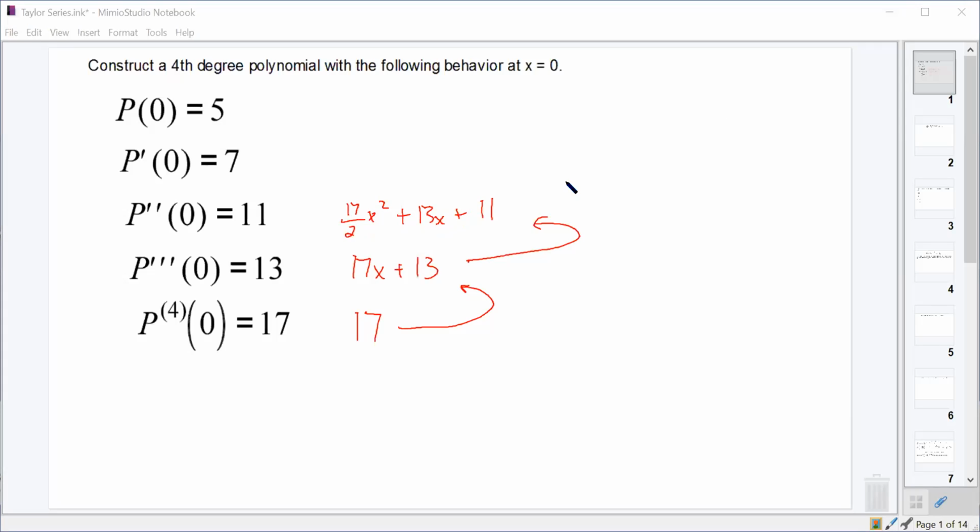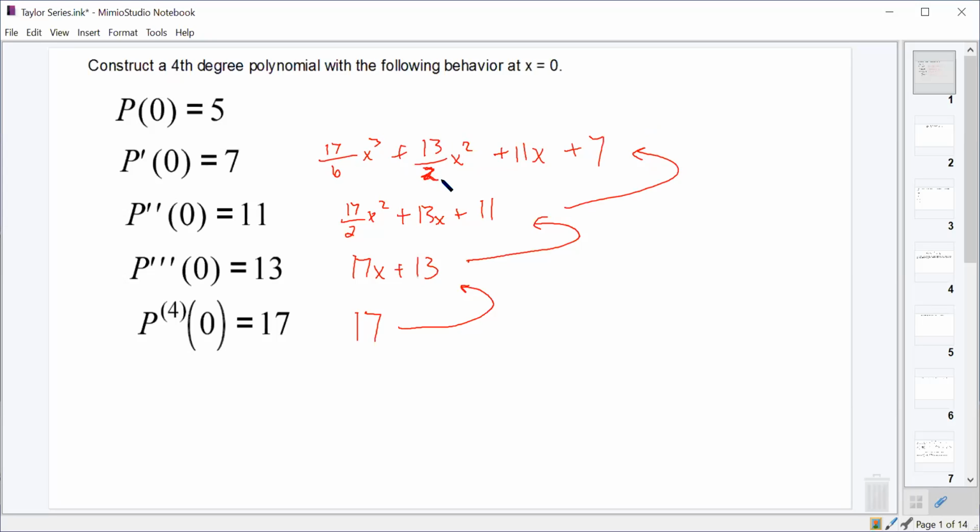Okay. And what about the next one? 17 sixths x cubed plus 13 halves x squared plus 11x plus 7. Yeah?